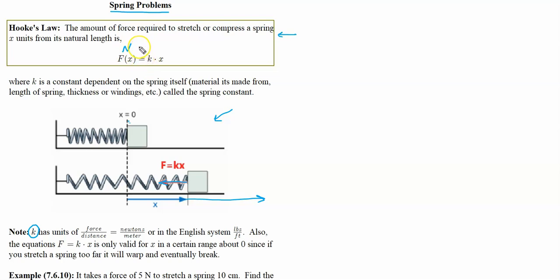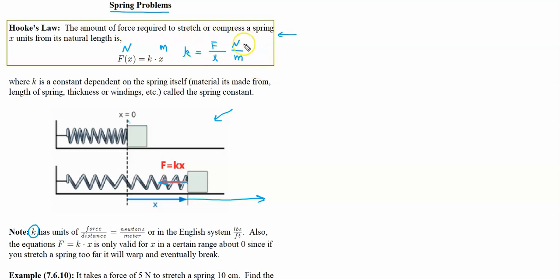And the force is equal to k times x. Now x has units of meters. So if we divide by x to the other side, we get that k equals force divided by distance x. And so k has units of newtons per meter.